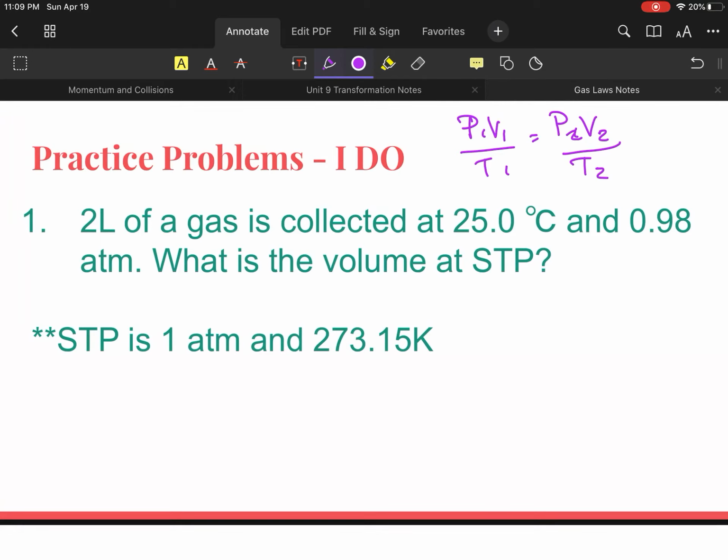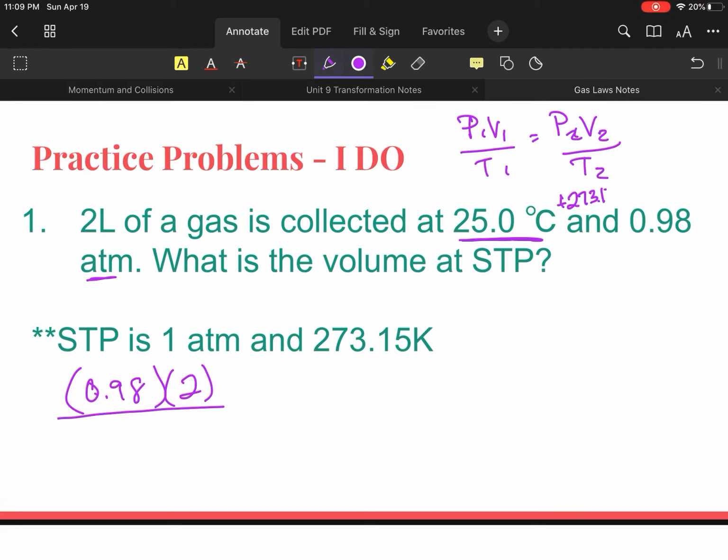Okay, and it says 2 liters of a gas is collected at 25 degrees Celsius and 0.98 ATM. Okay, so this is all my first bit of data. So this is going all in the P1. So my pressure, this is my ATM, 0.98. Okay, my volume is 2 liters. Okay, and then my temperature is this 25 degrees Celsius.